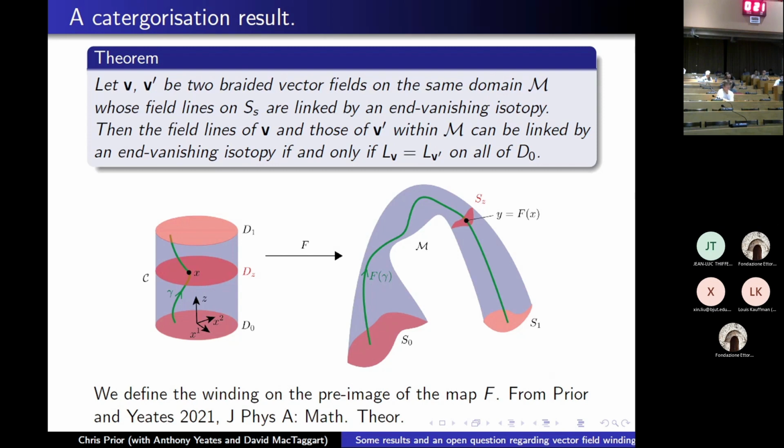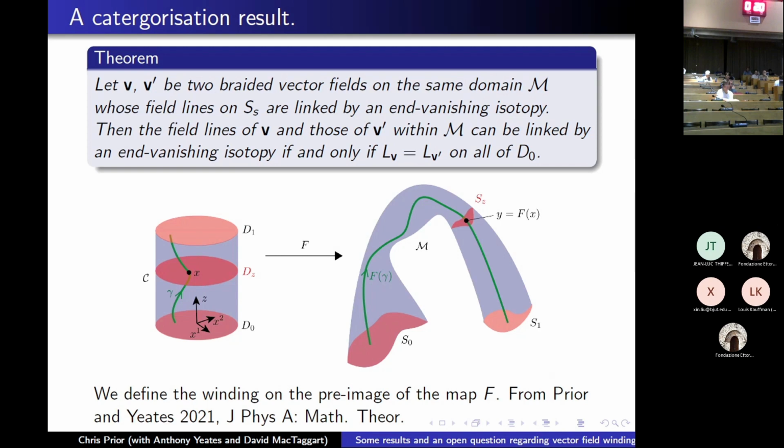All right. So the question is going to be, I've got this domain M. I've got two vector fields on this domain, and I've got their distributions of winding.